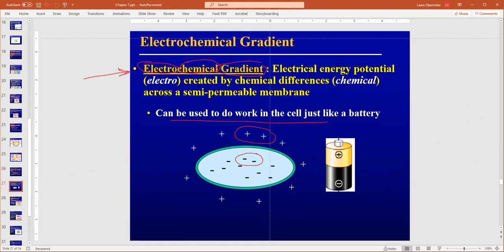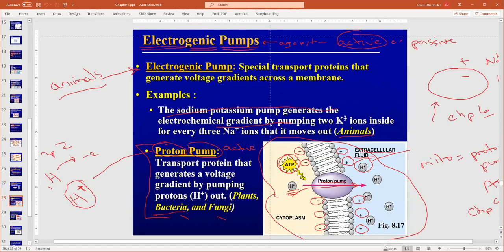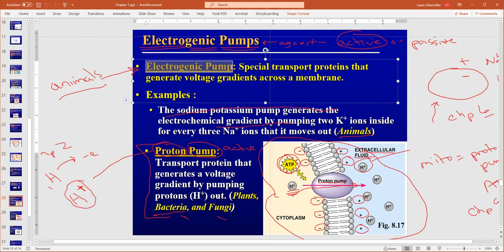We call this an electrochemical gradient because it's an electrical gradient, high on one side, positive charge low on the other. That's produced by chemicals like sodium and potassium. And that can be used to do work just like a battery. So we call this an electrogenic pump because it's generating electricity by pumping, through active transport.